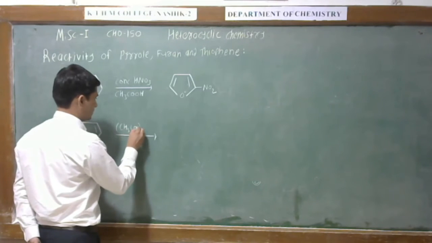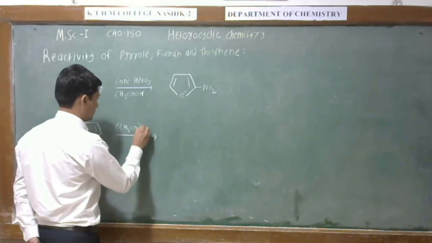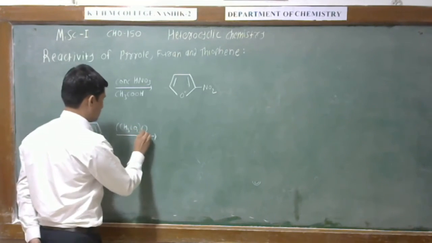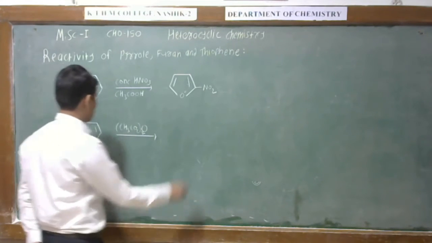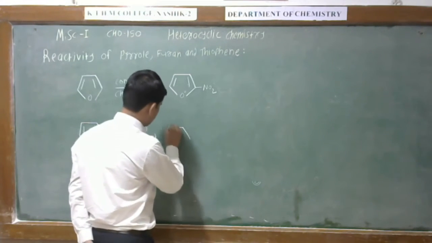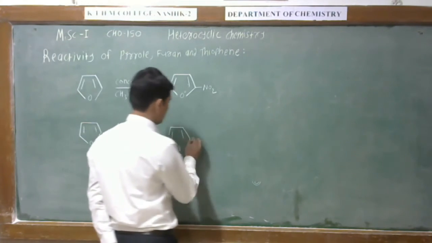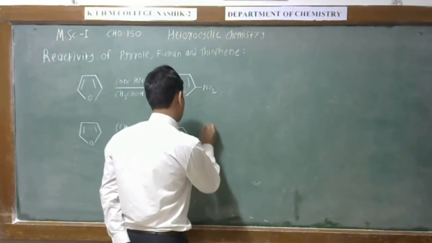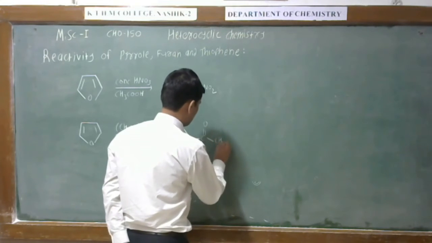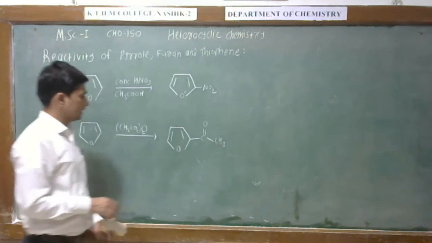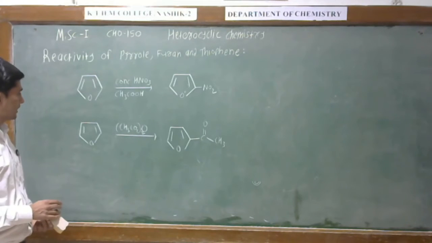Again, you can write here when pyrrole undergoes the acylation reaction in presence of acetic anhydride, then it gives us acylation at second position, that is 2-acyl pyrrole is the product here.